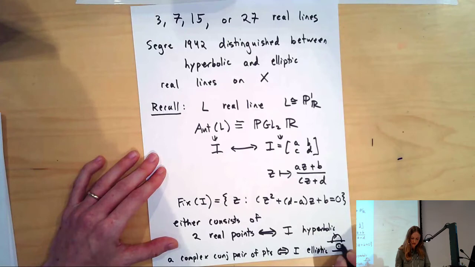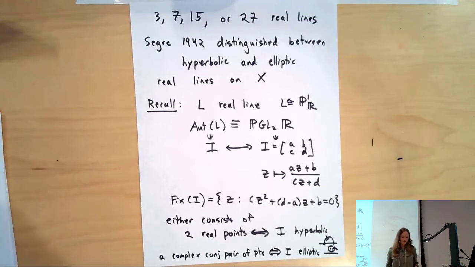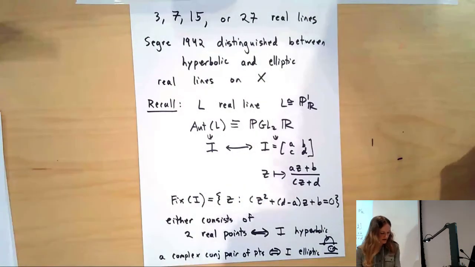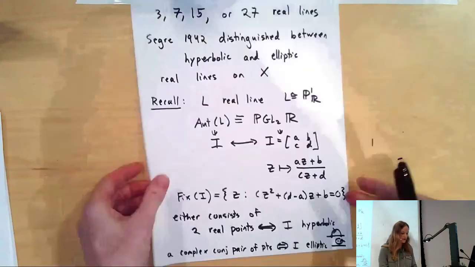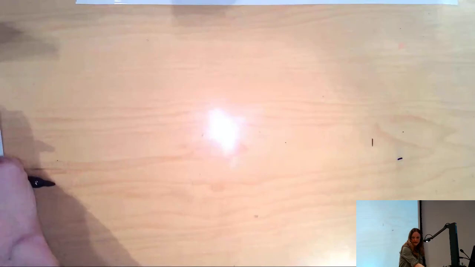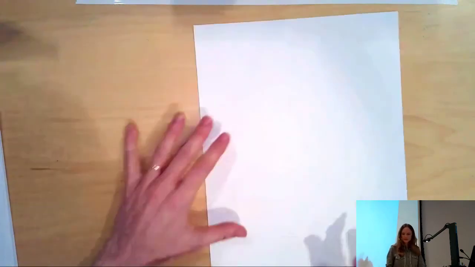And maybe here's a drawing. So we're going to associate an involution to a real line, and then if it's hyperbolic, the line will be hyperbolic. If it's elliptic, the line will be elliptic.